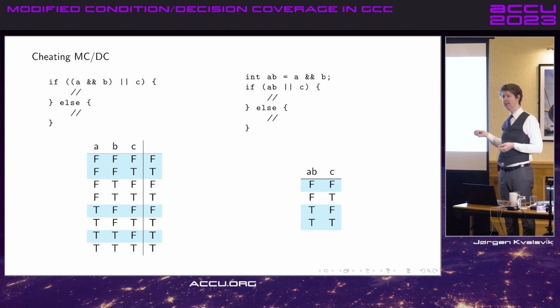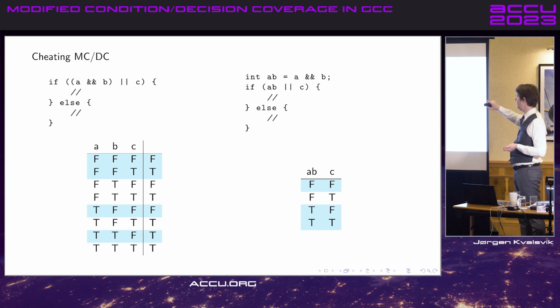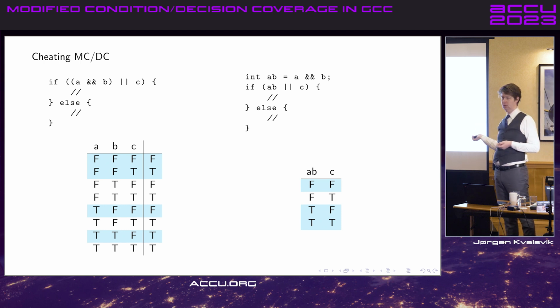And when that is tested the next time, it doesn't actually reflect that it is being evaluated from a larger input set at all, right? So by rewriting the program on the left to the program on the right, which are obviously semantically equivalent, right? It's the same expression really, it's just that one does it in 2 steps. In order to achieve coverage, in the first case you need 4 tests, but in the latter case you only need 3, right?